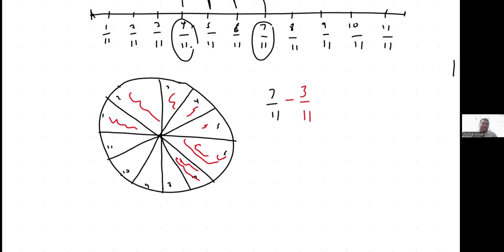So if I'm taking 3 out of 11 from the 7 out of 11, this could be the 3 I'm taking: 1, 2, 3. What am I left with? 1, 2, 3, 4. I'm left with 4 out of 11.